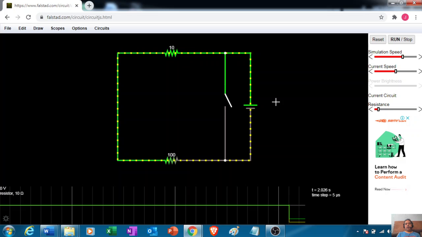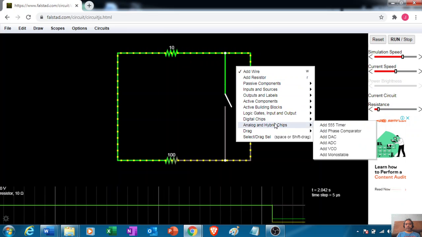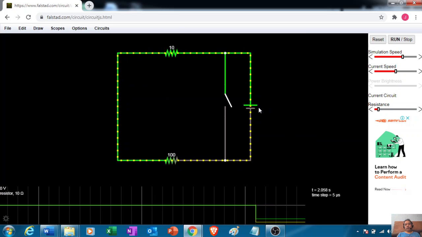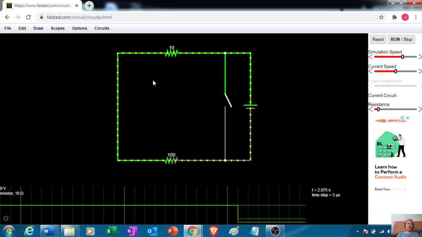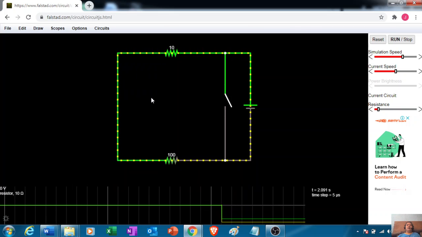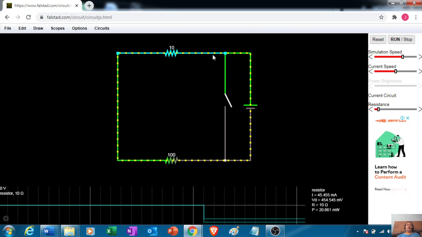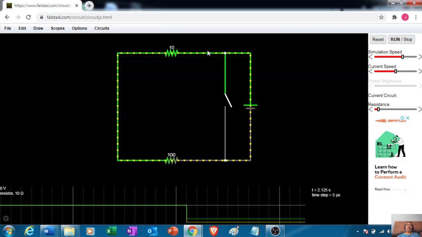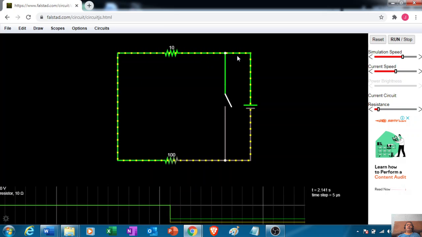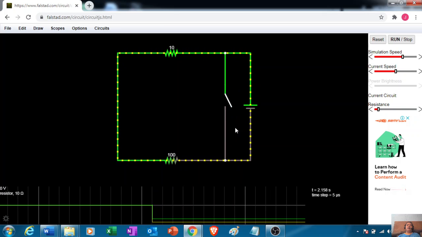Okay, so if you're going to notice, the current is already flowing. Okay, because we did not cut off the lines, either the first line or the second line.